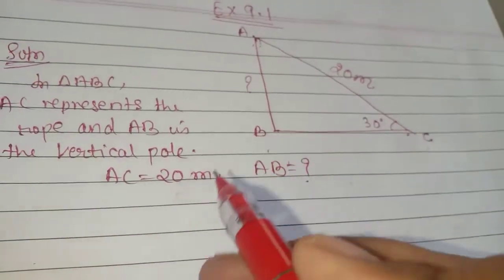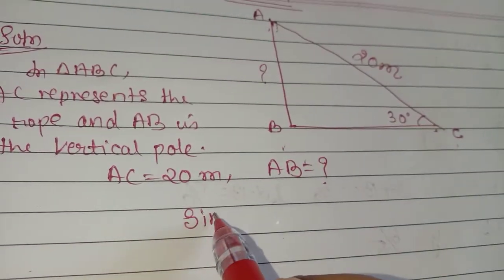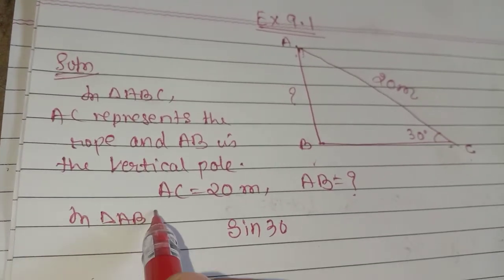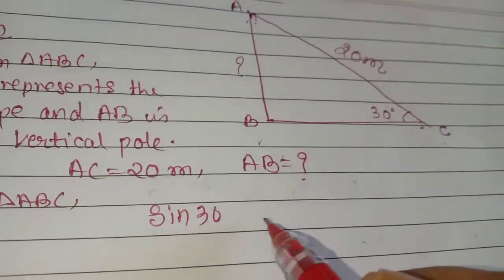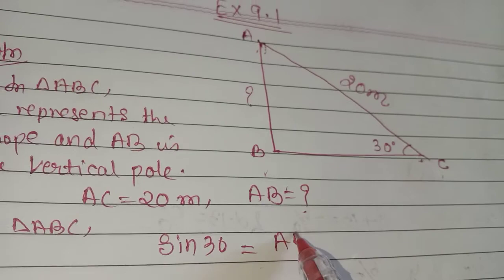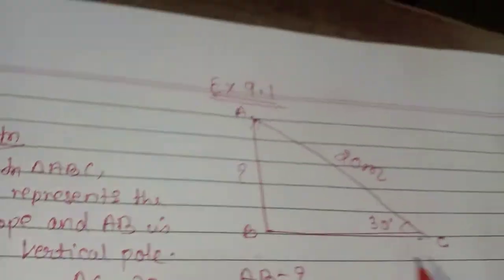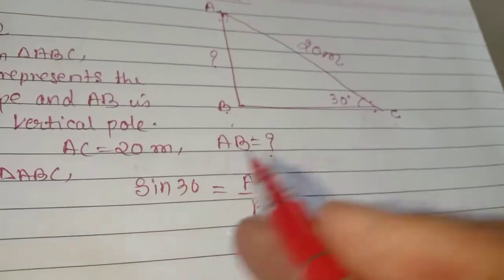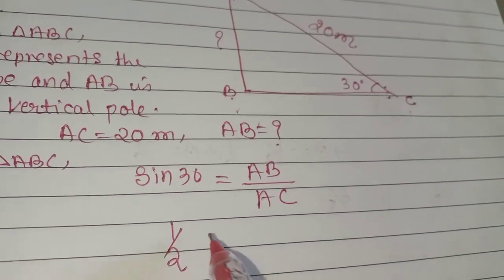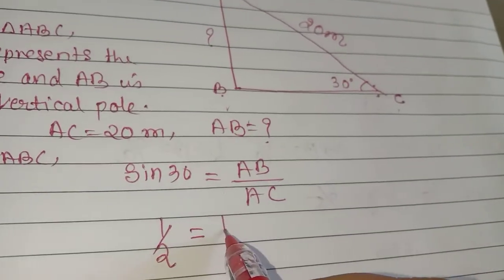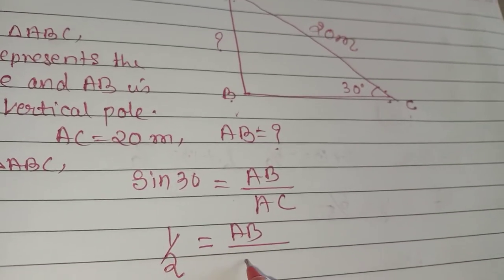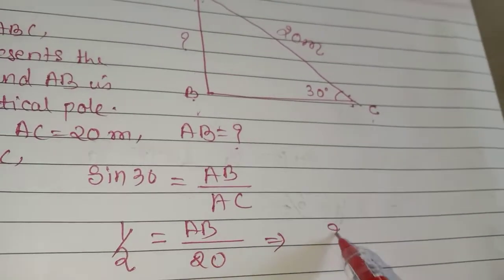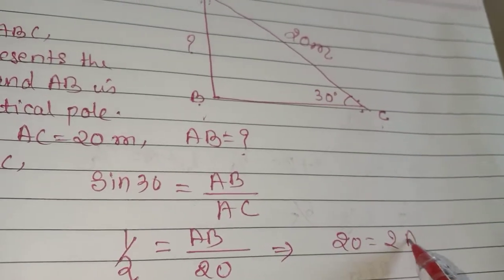So we know that sin 30, mention here in triangle ABC, sin 30 is equal to AB upon AC. See, it is AB upon AC. So what is the value of sin 30? It is 1 by 2. AB we don't know, and AC is 20. So cross multiplication will give us 20 is equal to 2AB.